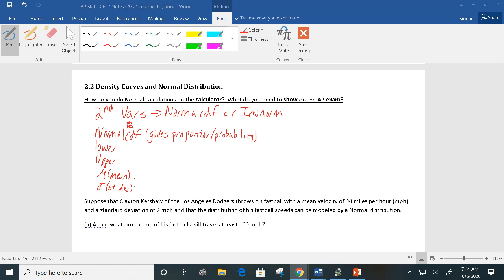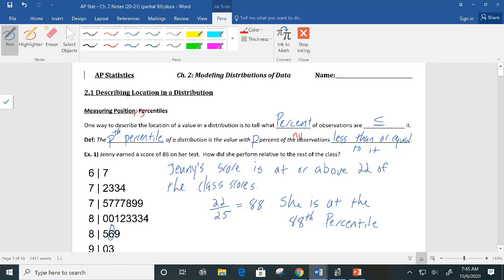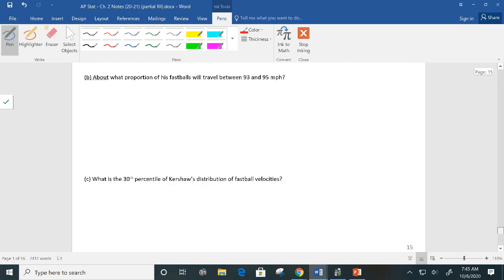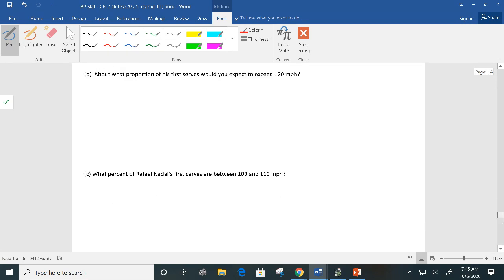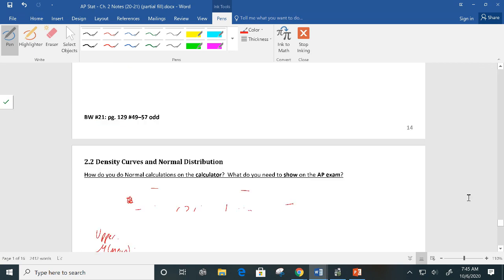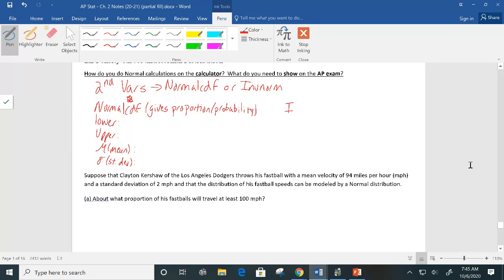The other option that we have is what's called inverse norm. So we have inverse norm as well.